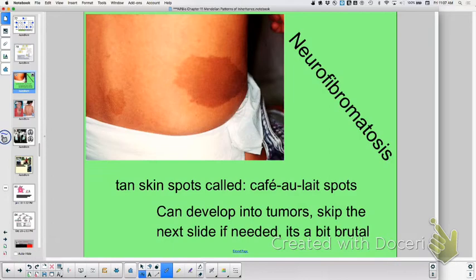Okay, an example of that is neurofibromatosis, having a tan little spot. I will tell you, at church one time, a couple had a baby that had a big tan spot on their face. And I said to the wife, because she was my friend, I said, Christy, do you have a tan spot like that on your body?